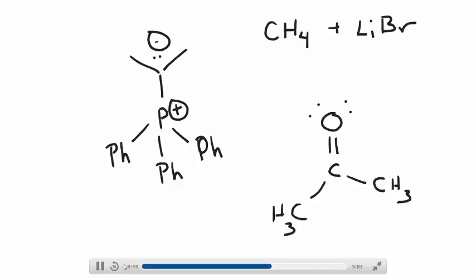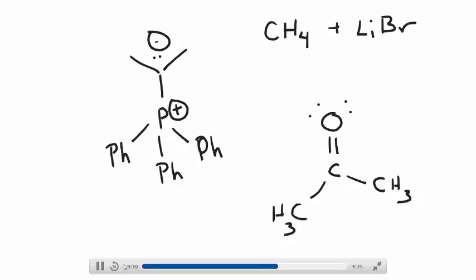Now, as you look at what we have here, notice that the ylide literally does have a positive charge and a negative charge. It is very easy to figure out what binds where if you think about charges. If you look at the aldehyde or ketone, you're looking at the carbonyl group. I hope you remember that the oxygen is more electronegative than the carbon. So the oxygen is partial negative, and the carbonyl carbon is partial positive. And I hope you also remember that opposites attract.